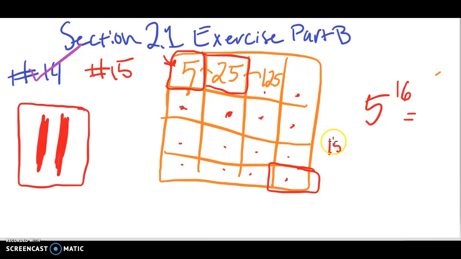Let's see if I can fit it in here. 1, 5, 2, 5, 8, 7, 8, 9, 0, 6, 2, 5. And like I said, if it was 5 cents, then we just need to move this over 2 decimals. And boom. That's almost 1.5 billion.